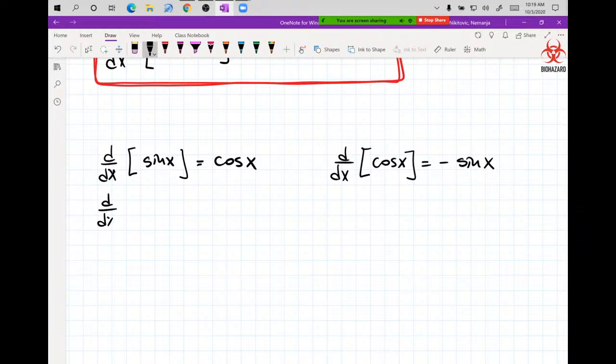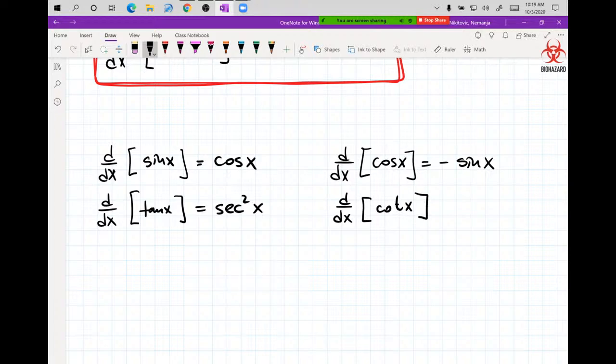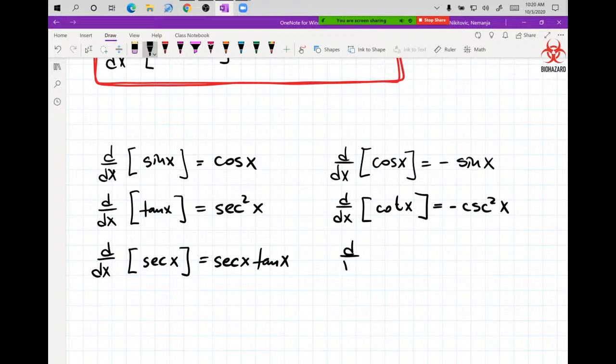And the derivative of tangent x is secant squared x, and the derivative of cotangent x is negative cosecant squared x. Finally, the derivative of secant x is secant x tangent x, and the derivative of cosecant x is negative cosecant x cotangent x.